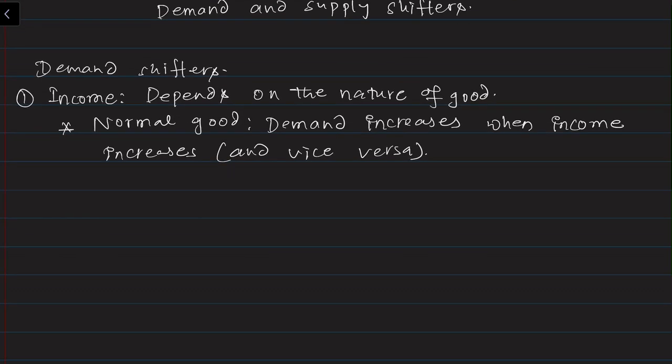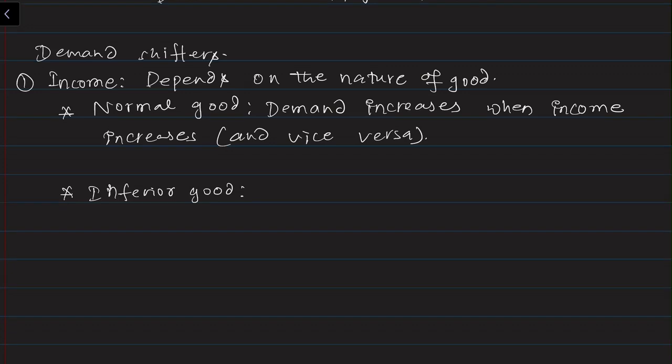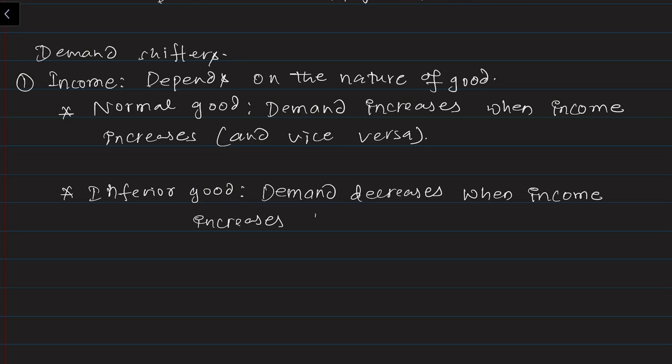Second type of good is inferior good. So demand for inferior good decreases when income increases, and vice versa.